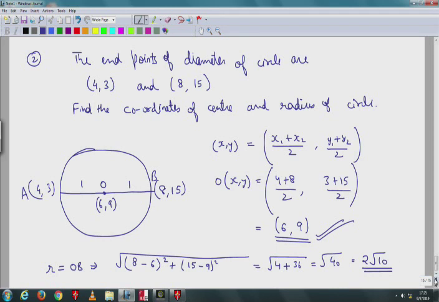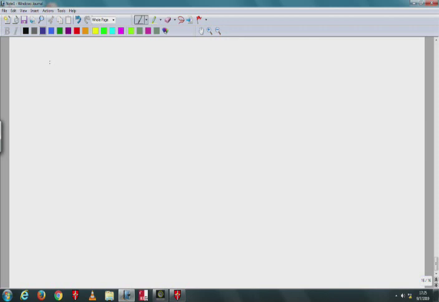Okay, so let us do the next question then. Try this one. It's an easy one based on the distance formula.